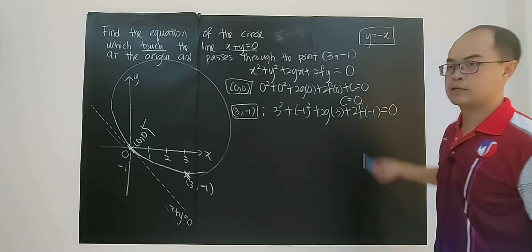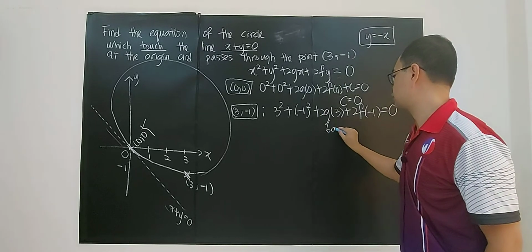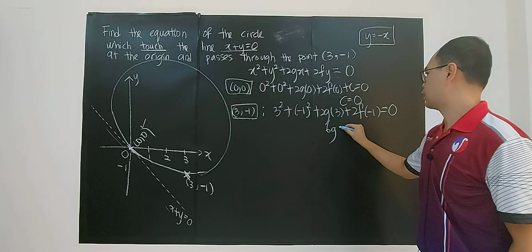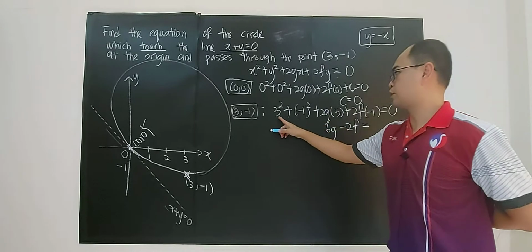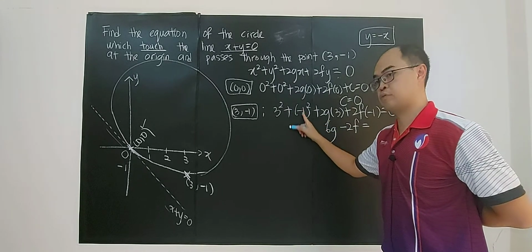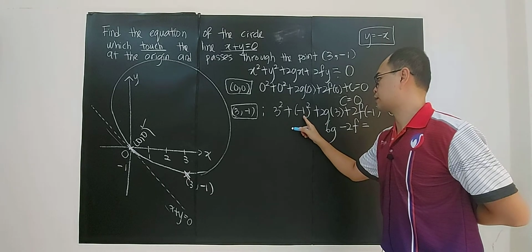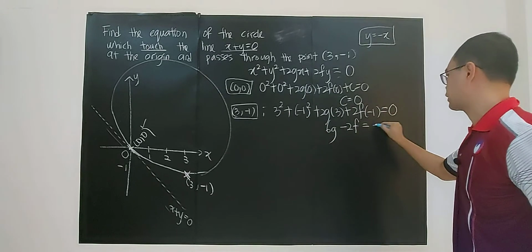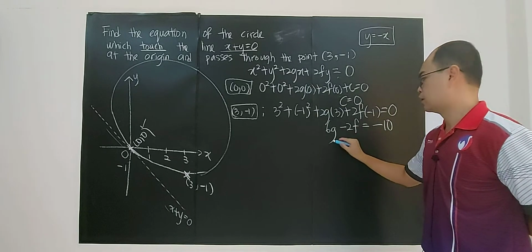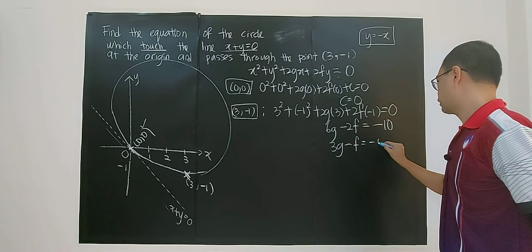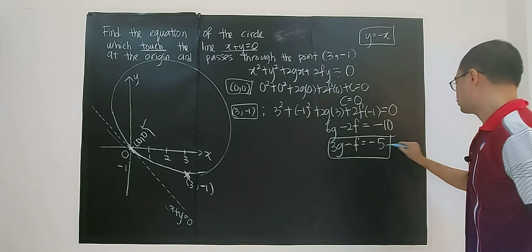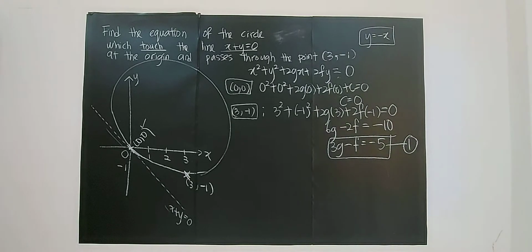We know c is 0, so we get 6g minus 2f equals negative (3 squared plus 1). 3 squared plus 1 is 9 plus 1, which is 10, so moving it over we get negative 10. Dividing everything by 2, we get 3g minus f equals negative 5. I take this to be equation 1 relating g and f.